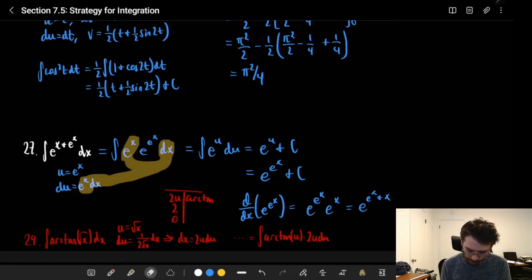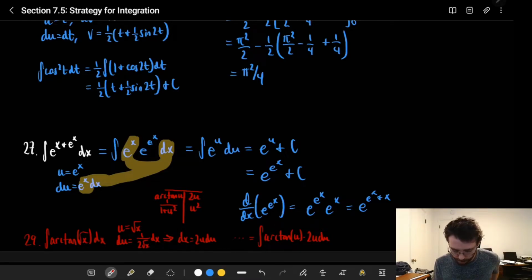Let's try it the other way around. Since I don't want to integrate arctan, at least arctan has a nice derivative. It's usually not the right strategy to do it this way, but maybe it will be. The derivative of arctan u is 1 over 1 plus u squared. The integral of 2u would just be u squared. So let's write out what this would look like. I guess it's not going to get nice using the table method, but anyway.